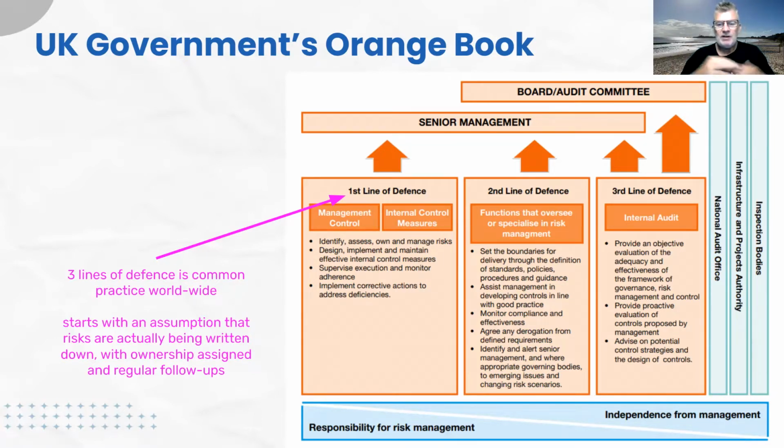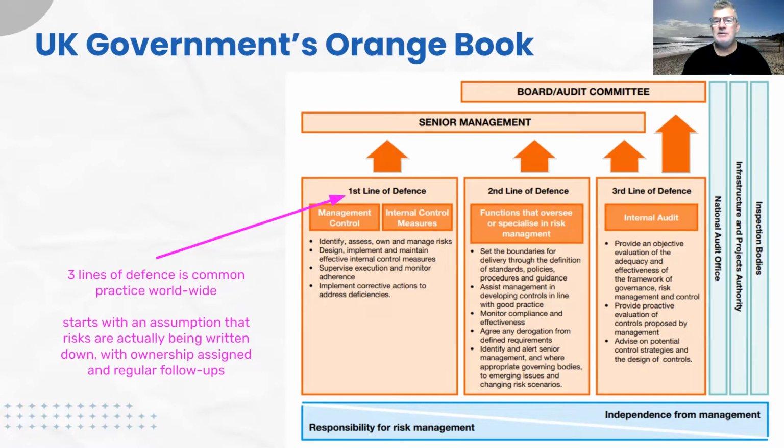So there's a process for identifying, tracking, and engaging on the risks. The second line of defense is functions that are overseeing it and maybe have some specialized training and certainly responsibilities within the organization to be going through and updating and checking and following through on risks. And then the third line of defense is some sort of independent audit process.